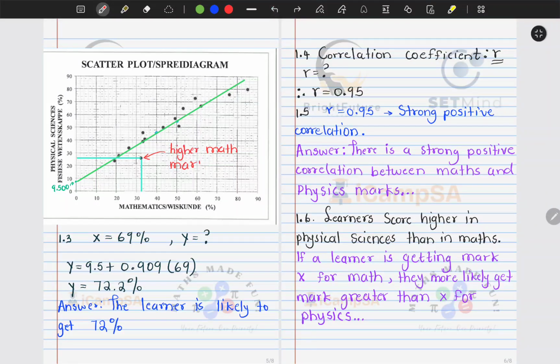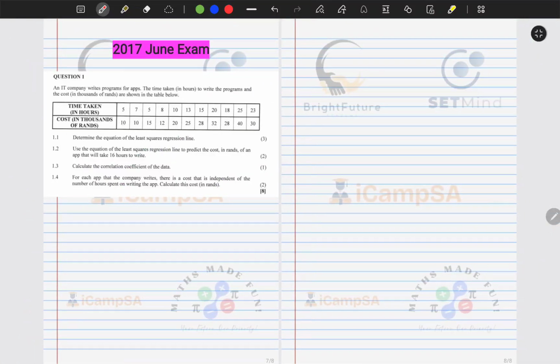It does happen that there are exceptions like this one. But in the majority, for physics they are getting higher marks than they are getting for mathematics. So that is that, guys. Let's go and have a look at the next question.